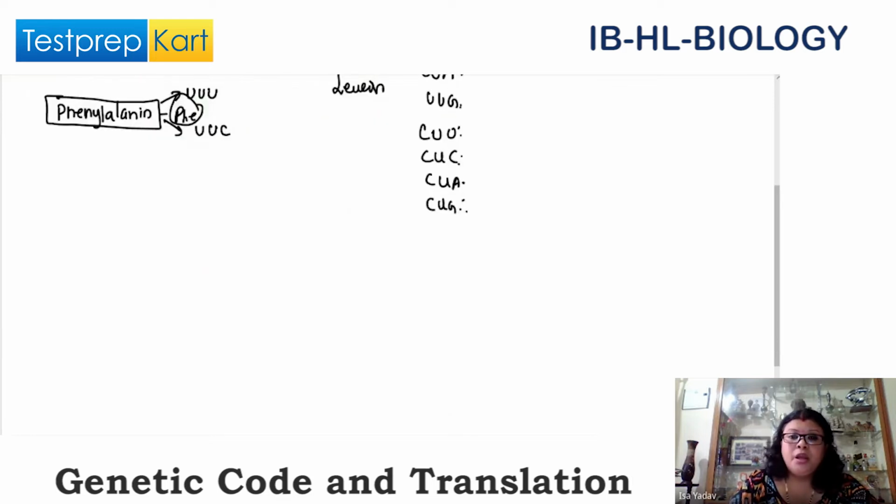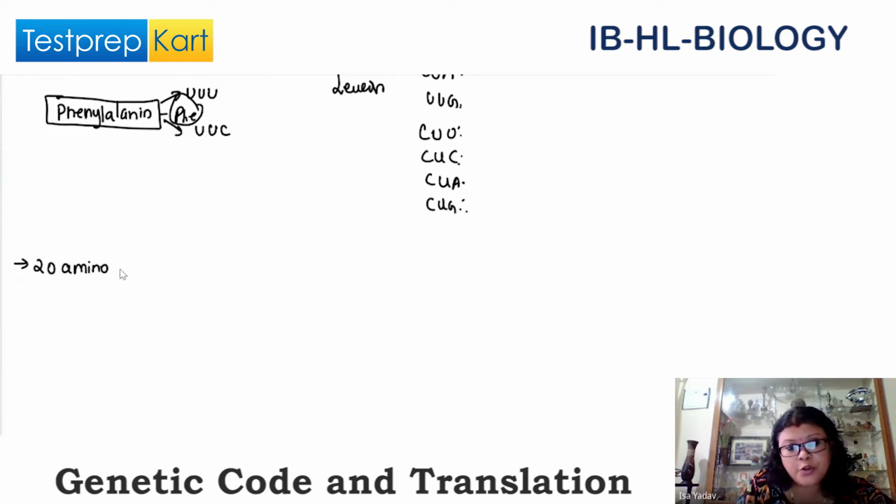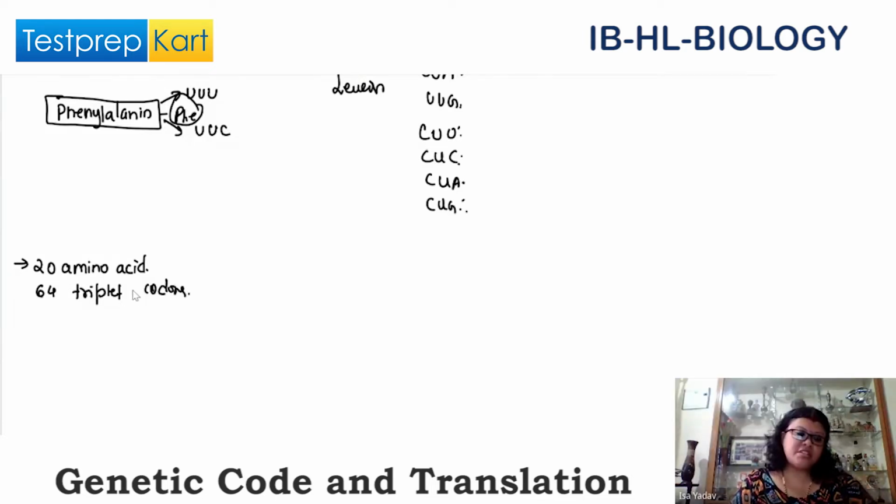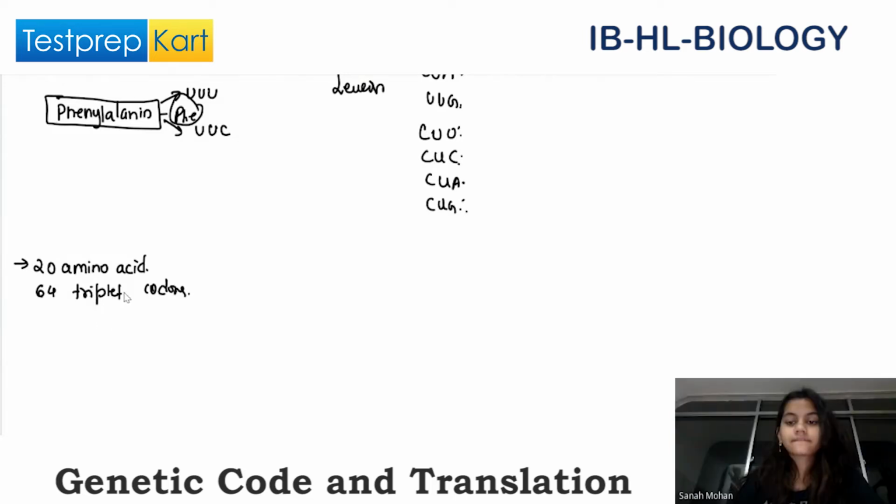When we talk about the genetic code, we have 20 amino acids, and we have 64 triplet codons. How many do we have? 64 triplet codons. Is this clear? Yes.